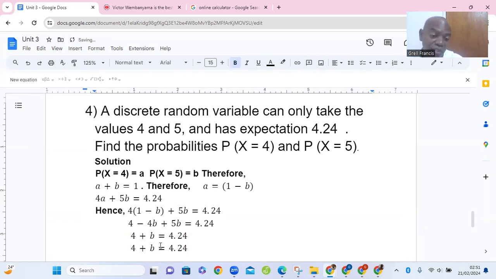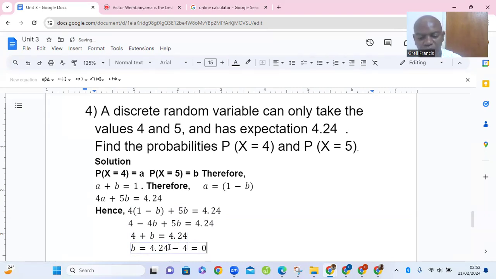By the way, you can use any letters for P of X equal 4 and P of X equal 5. You could use X and Y, you could use P and Q. I just chose to use A and B. Right, so B now is equal to 4.24 subtract 4, which is equal to 0.24.